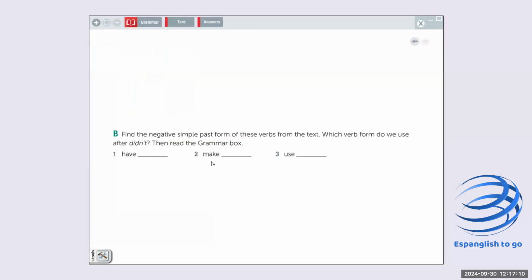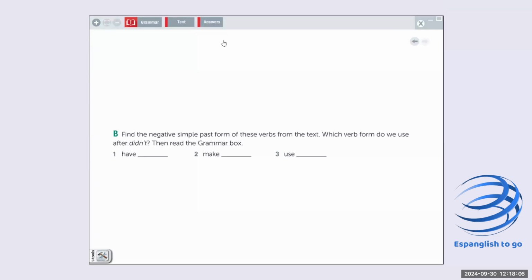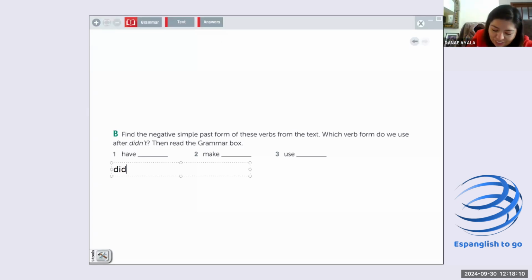Now, what is the negative form for have? The negative for make and the negative for use are in the text. These examples, negative sentences, negative verbs are in the text. What is the negative for have? Didn't have. Yes.